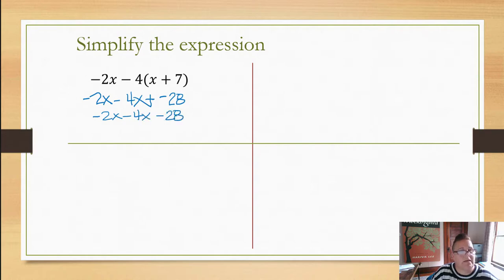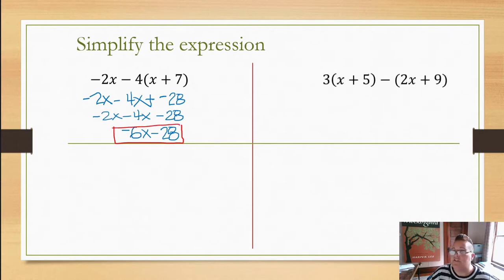Is there anything we can combine? Certainly. Minus 2x minus 4x are like terms. So this is going to give us a negative 6x minus 28. This has an x. This one does not. I can combine no more. So that's it. And we can put a red box around this one because we are done.